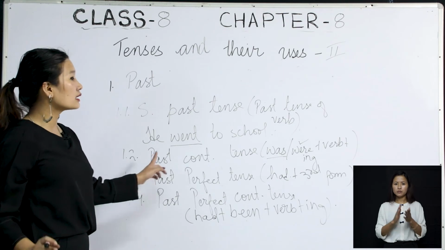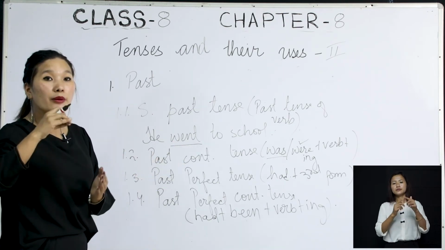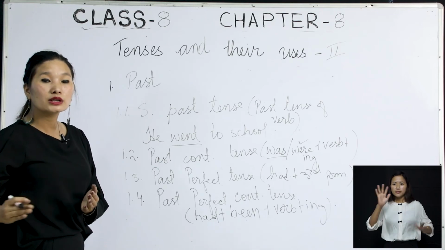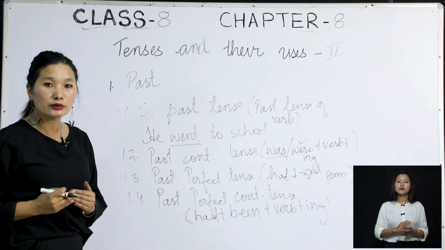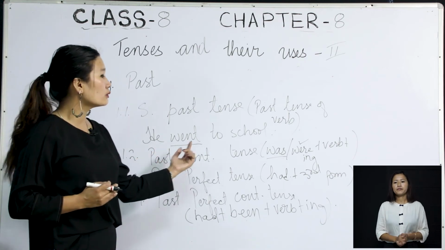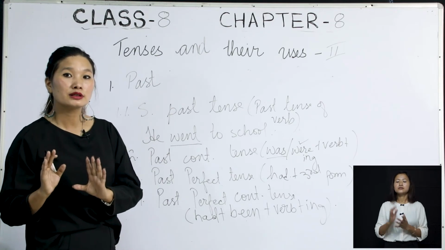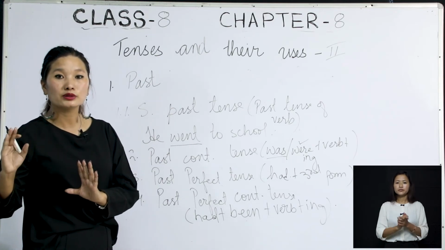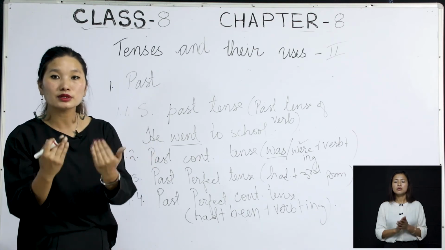And in past continuous tense, as the name itself suggests, we will talk about an action that was continuing at a certain point of time but is not continuing anymore. "He was going to school." So you are describing an event that was continuing at a point of time when you met him, or a specific time that you want to talk about.